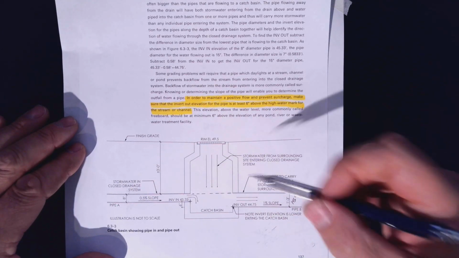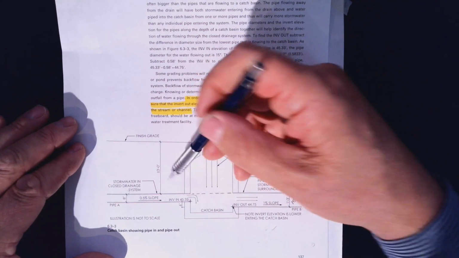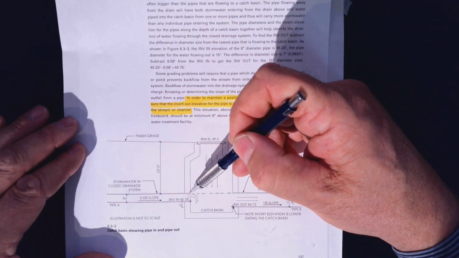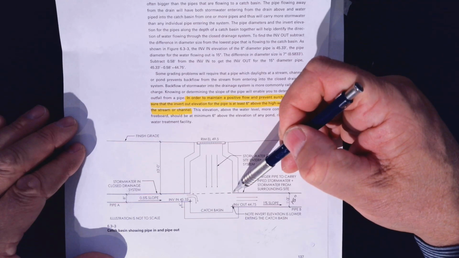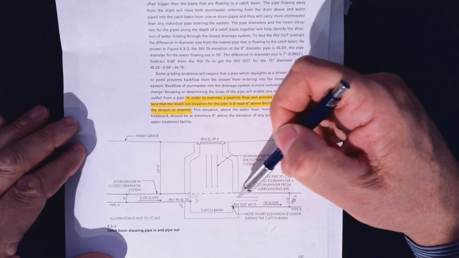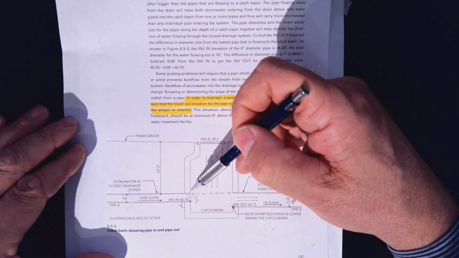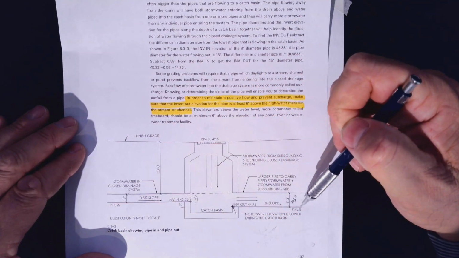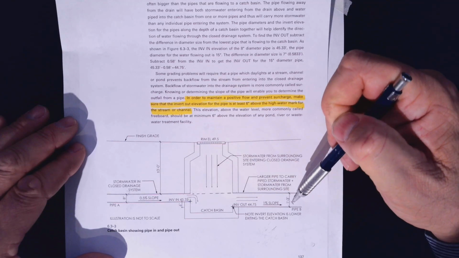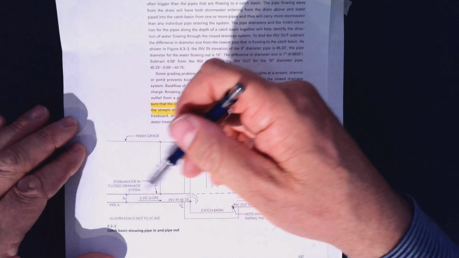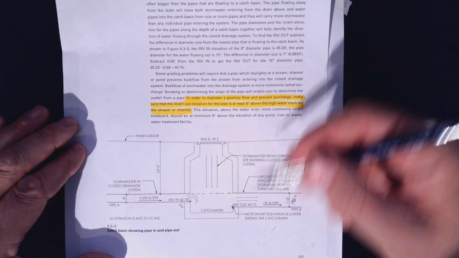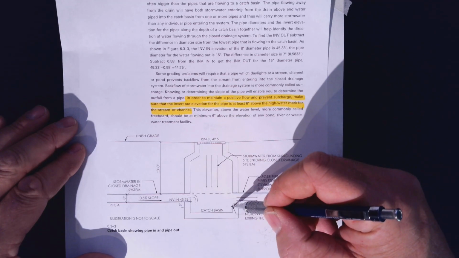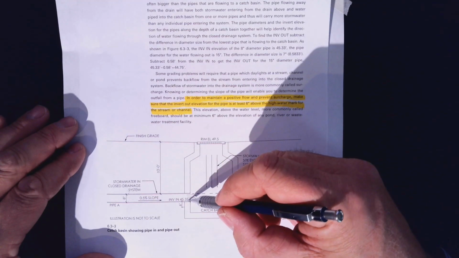The way you calculate the invert elevation out, the pipes come in, and I drew this dashed line right here, just showing that the tops of the pipes are at the same elevation. The bottoms of the pipe are offset depending on the diameter of pipe. So you would simply subtract 8 inches from 15 inches, and you would get 7 inches. So this is 7 inches lower than this elevation.